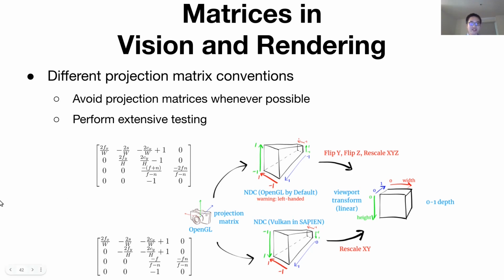So I would say we should avoid the projection matrices whenever possible. But if we want to convert a depth map to point clouds, we cannot avoid it. In that case, we should really perform extensive testing to make sure we get every matrix correctly.